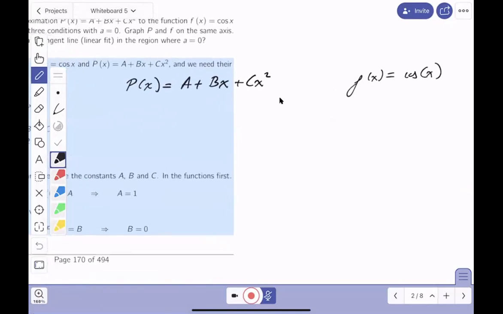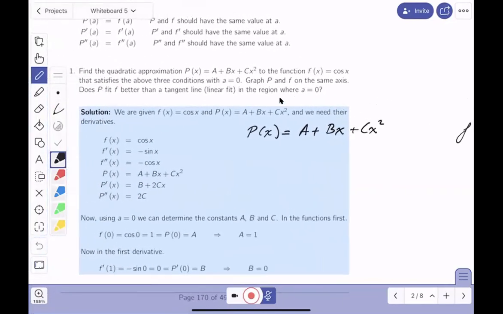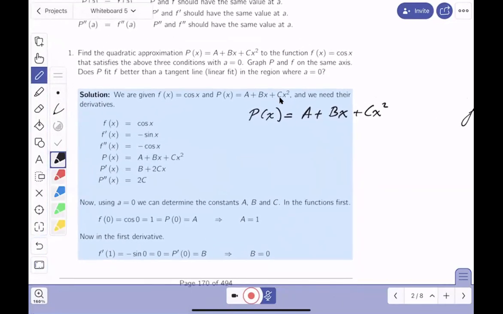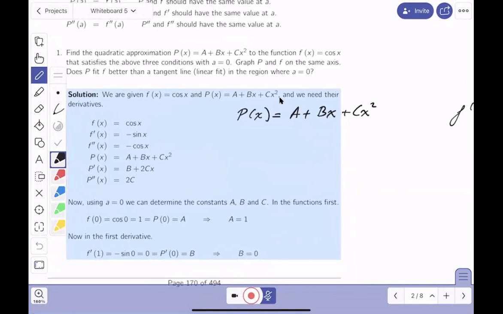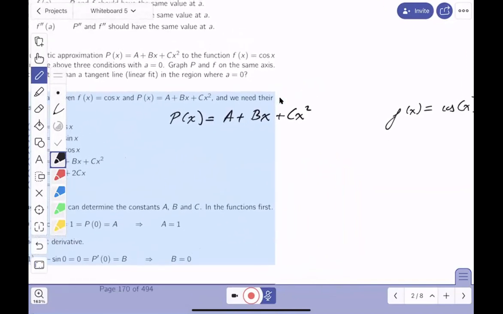So what I'm going to do over here is talk about the technique, and I'll read it to you. It says it should satisfy the conditions at a equals 0. But furthermore, it should also satisfy the derivatives going forward. So I'm going to start writing derivatives down over here. And we want to say this thing is centered at x equals 0.